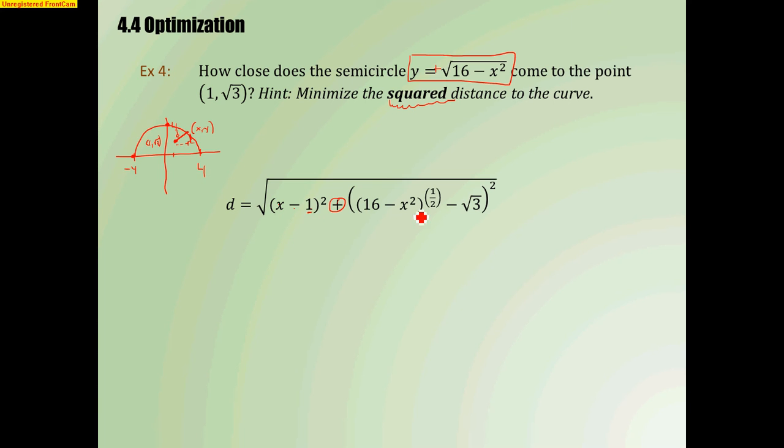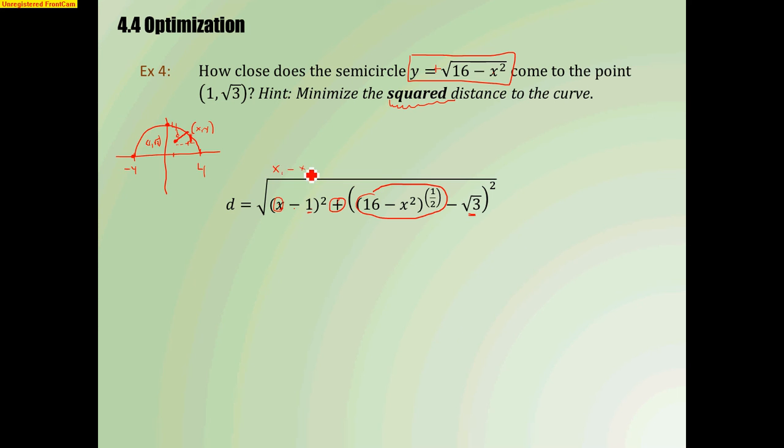So there's the point 1 comma root 3, here's the x-coordinate, and here, convince yourself, is the y-coordinate. How do you find the height of any point at any x? You go to the equation and you plug in an x. So this is just the distance formula.